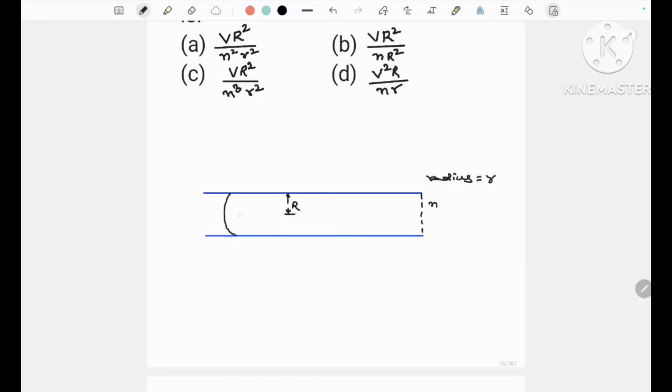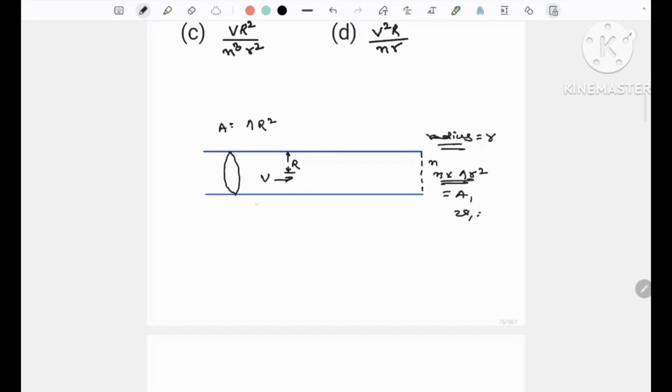Area of cross section of this tube A is pi R square. Area of cross section of these n holes, एक होल का एरिया है पाई स्मॉल r स्क्वायर, तो n का n पाई r स्क्वायर, this is A1. यहाँ पर सपोज वेलोसिटी इज V1 और यहाँ पर वेलोसिटी इज दी गई है V.